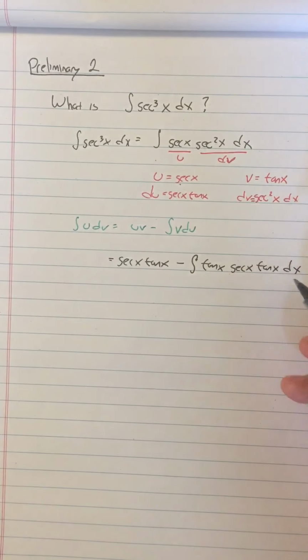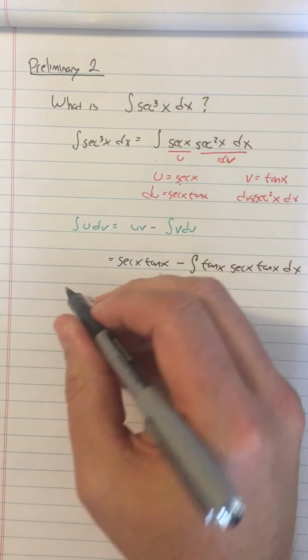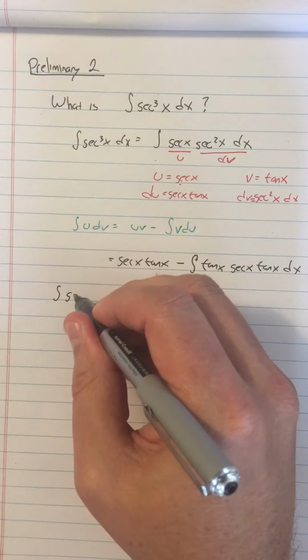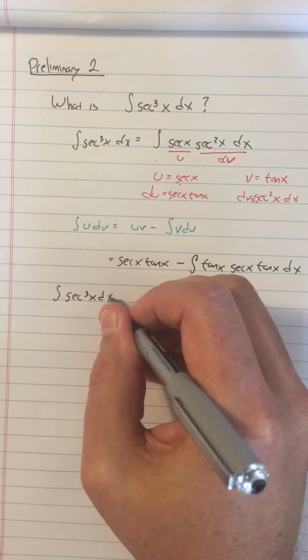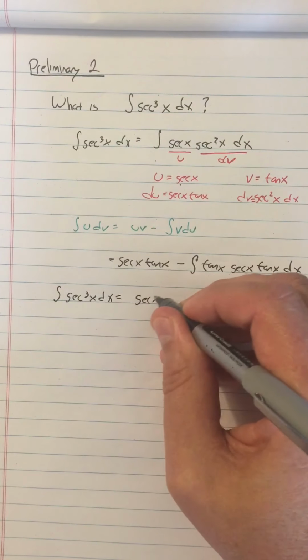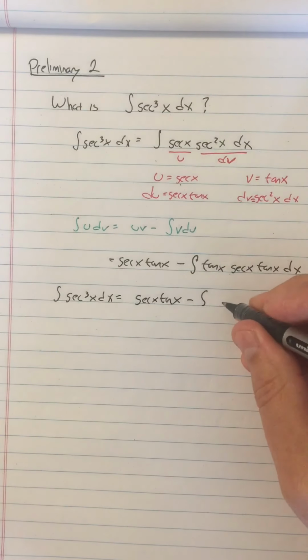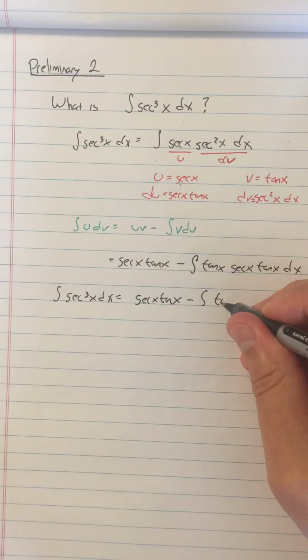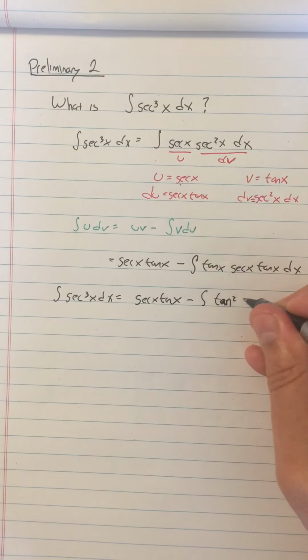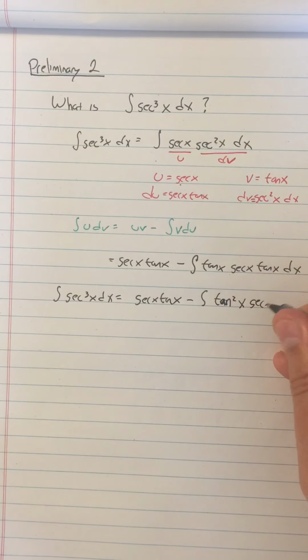Clearly I can combine that a little bit. And let's not forget what I have over here, the integral of secant cubed x dx. That's what I'm trying to do. It equals secant x tangent x minus, and we can call this the integral of tangent squared x secant x dx.